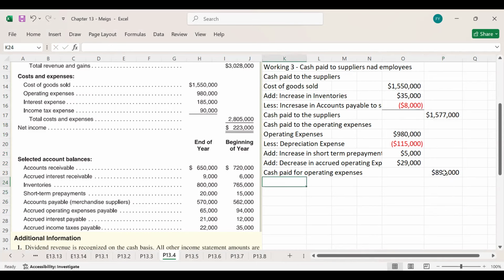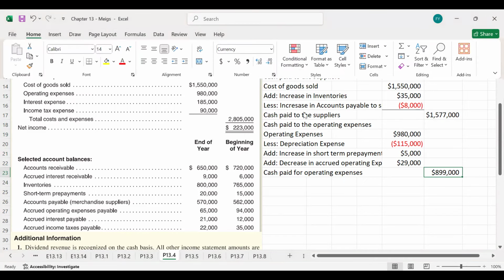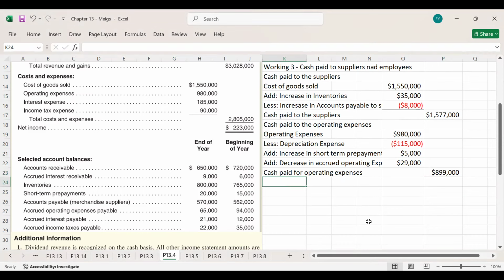So class, when we add both of these, the cash paid to suppliers and cash paid for operating expense, we get total cash paid to suppliers and employees.